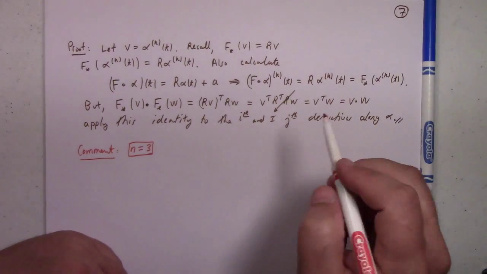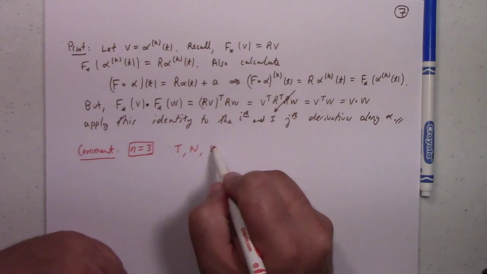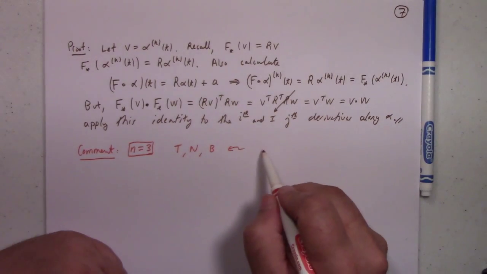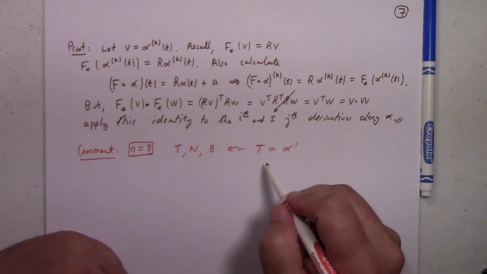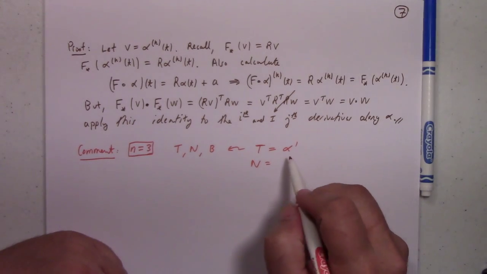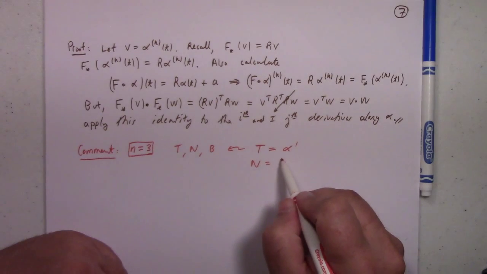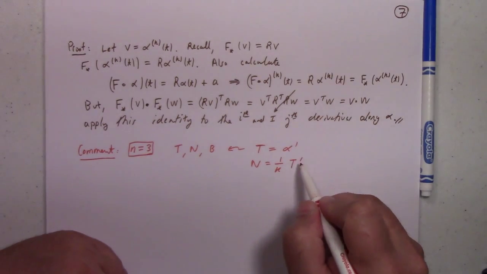we had the Frenet curve, T, N, and B. And how are these really defined? Well, we had T for arc length, T was alpha prime. N was, what was it? It was 1 over the curvature and then T prime.